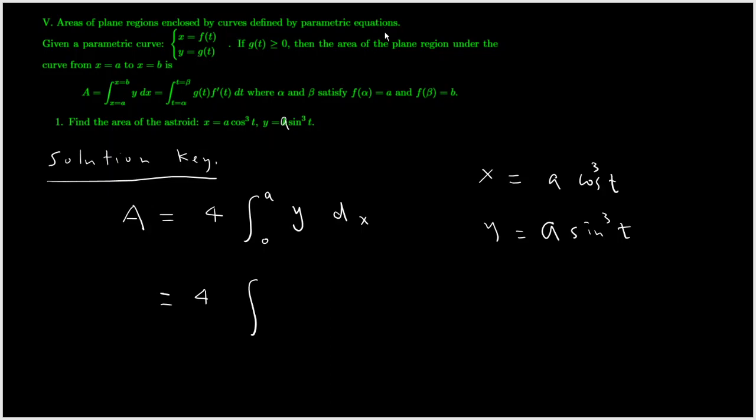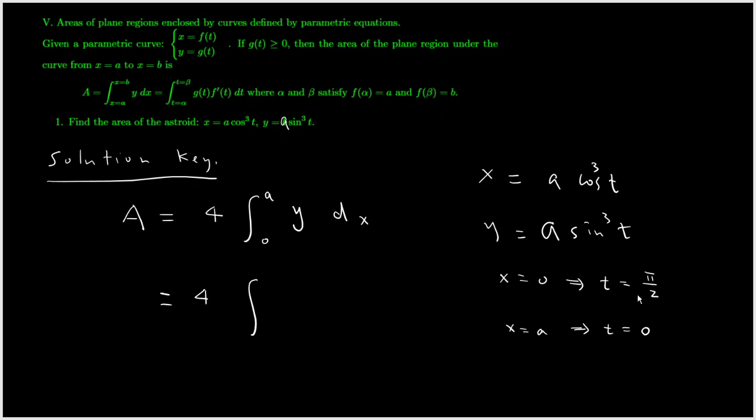Okay. x value of 0 is determined by t value of half pi, and the x value of a is determined by t value of 0. Actually, you can plug t value of 0 into x value or y value. You can see what's going on.